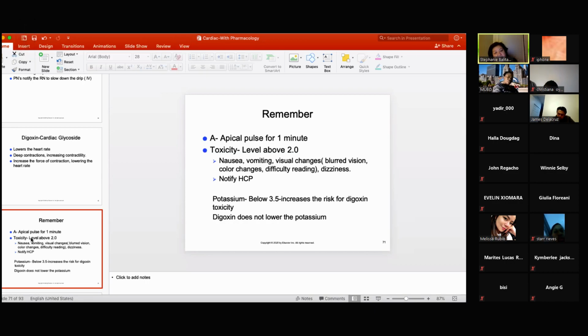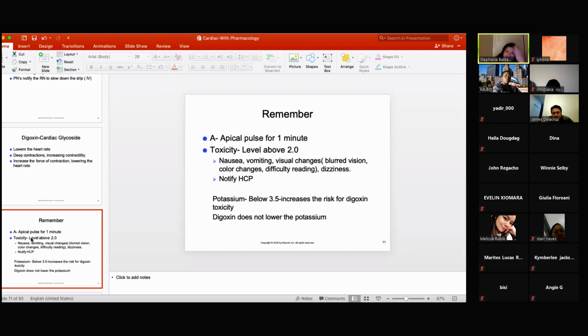Now, signs and symptoms of digoxin toxicity: nausea, vomiting, and anything that changes your vision, whatever it is: blurred vision, color changes, difficulty reading. That came up a lot in select all that apply questions.